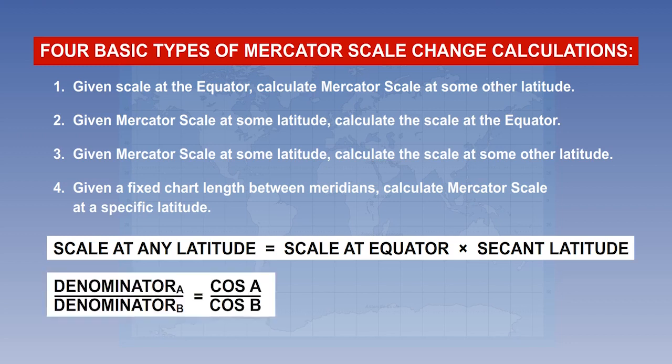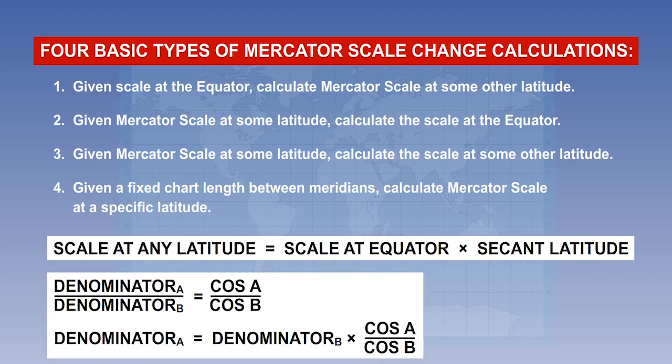And the second is denominator A over denominator B equals cos A over cos B, which is often more usefully expressed as denominator A equals denominator B times cos A over cos B. Finally, there are problems where the chart length between meridians is given for a particular latitude. These can be solved either as a Mercator scale change problem or as a departure problem.